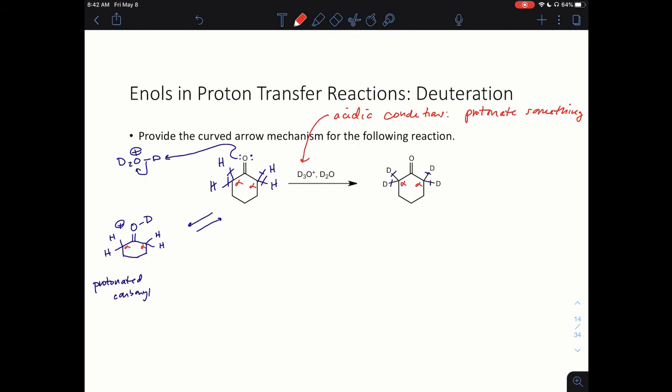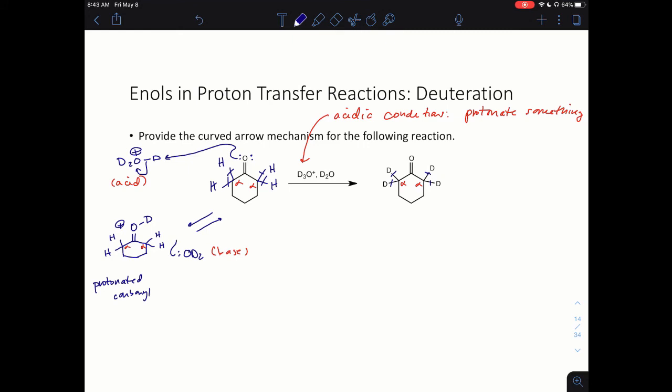You do not try to directly break these bonds because this is not acidic enough to do that under these conditions. And that's because we don't have hydronium anymore. We don't have the deuterium version of hydronium. The base that we have under aqueous acidic conditions is water. In this case, it's the deuterium version of water, D2O.